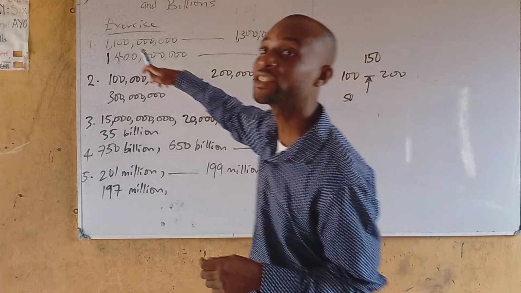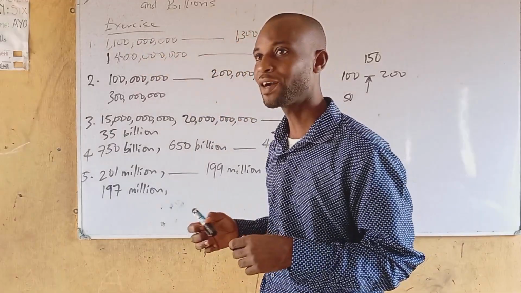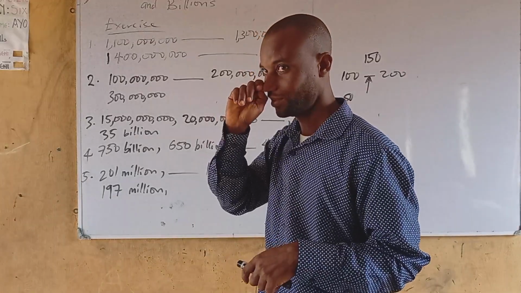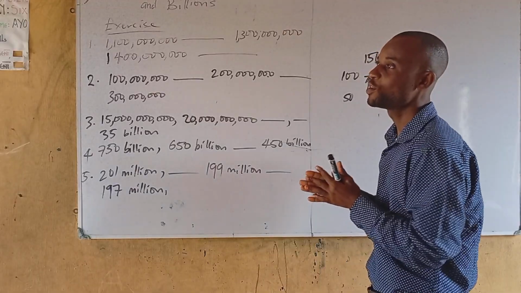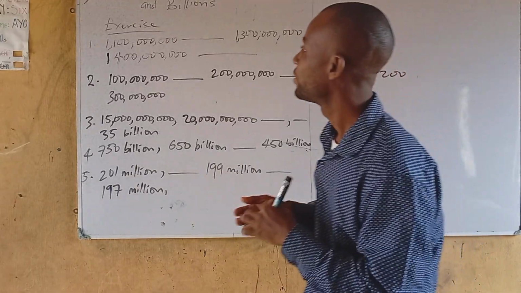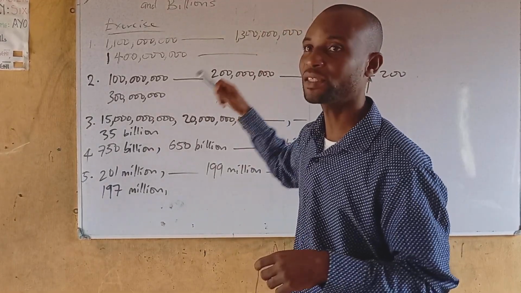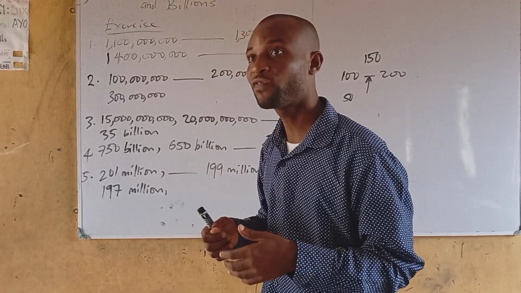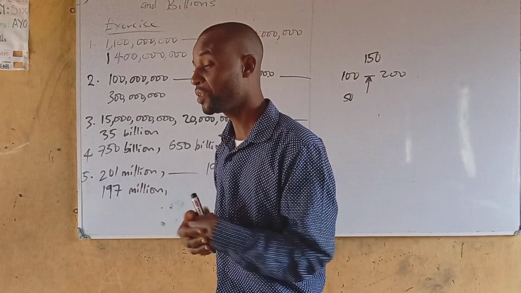So the way you hear it on the radio, they'll say 1.1 billion naira or dollars or whatever. Most times you hear it in terms of money. Or sometimes you can hear these big numbers in terms of population of Africa or population of the world, which is in some billions now.